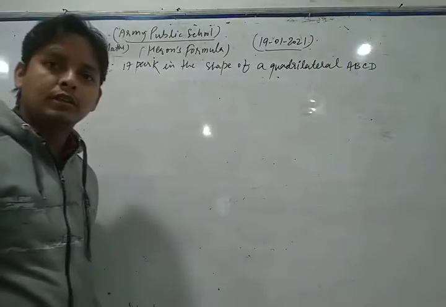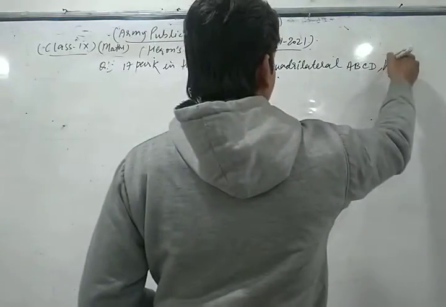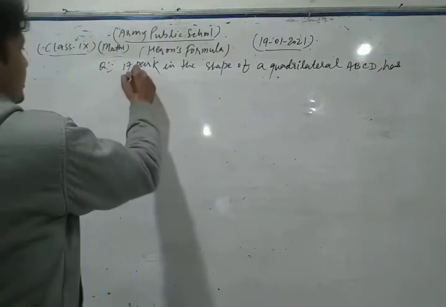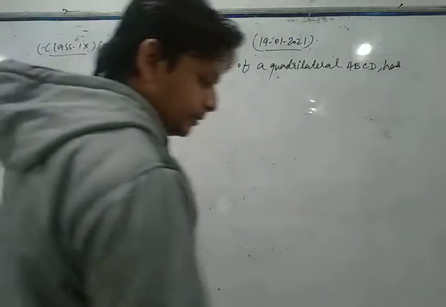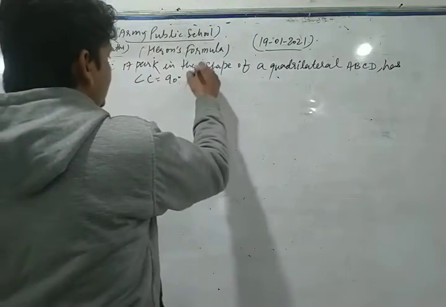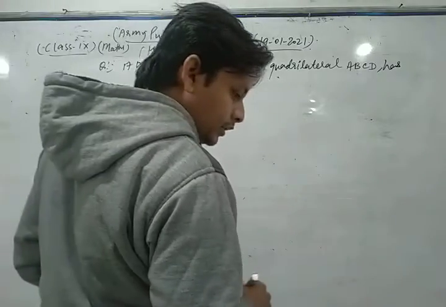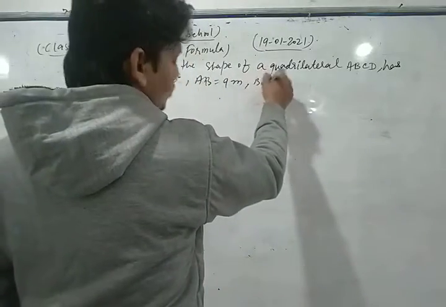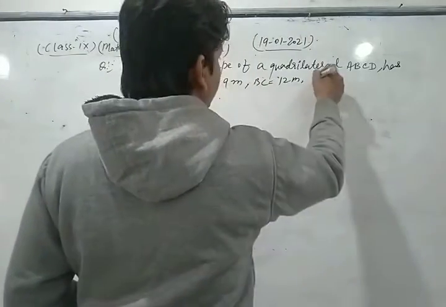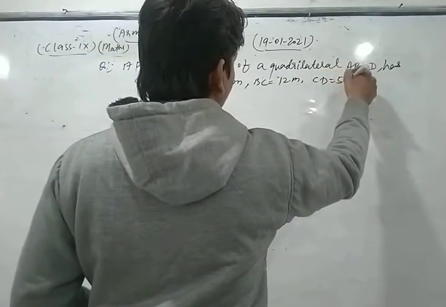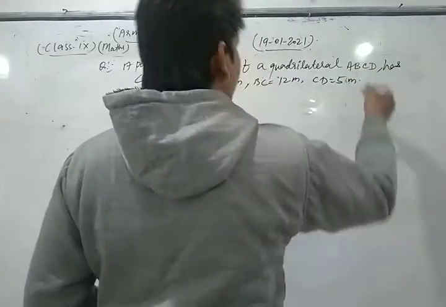A path in the shape of the quadrilateral ABCD has angle C as 90 degrees, the side AB is equal to 9 meter, the length BC is equal to 12 meter, CD is equal to 5 meter, and AD is equal to 8 meter.